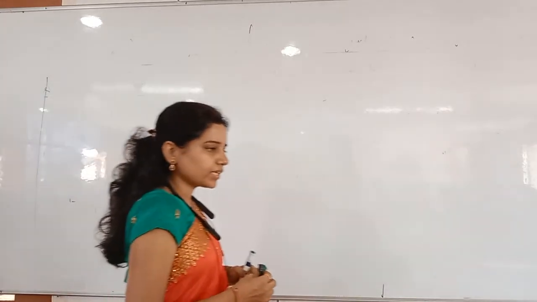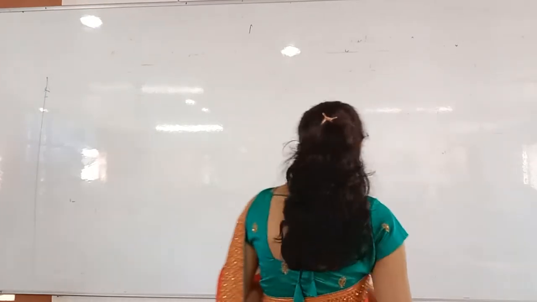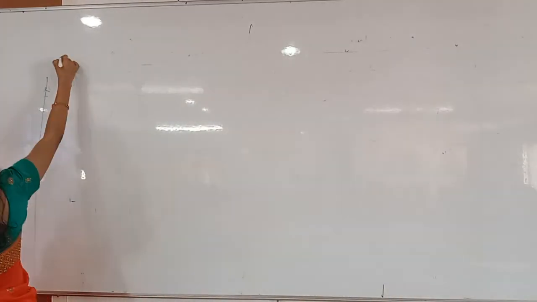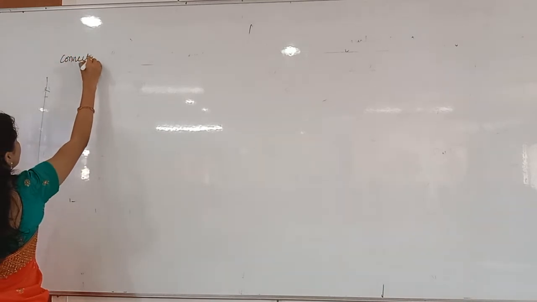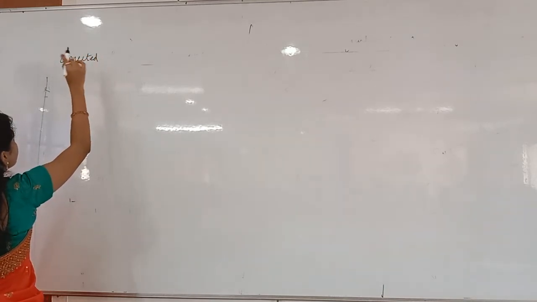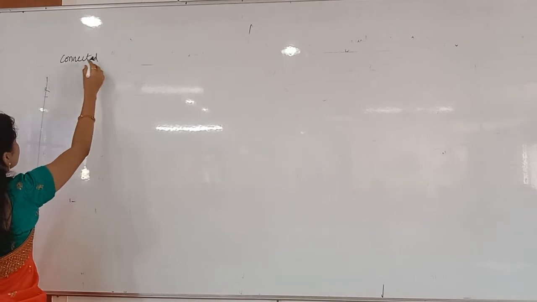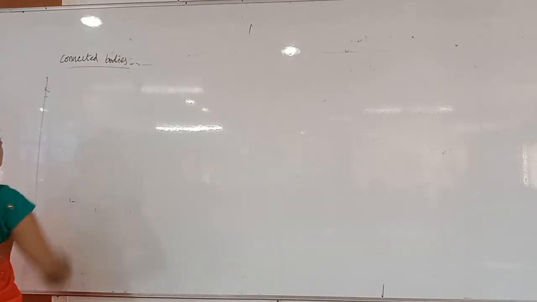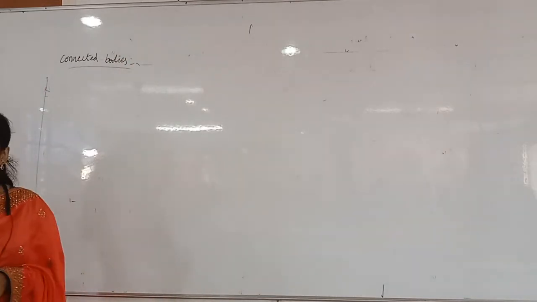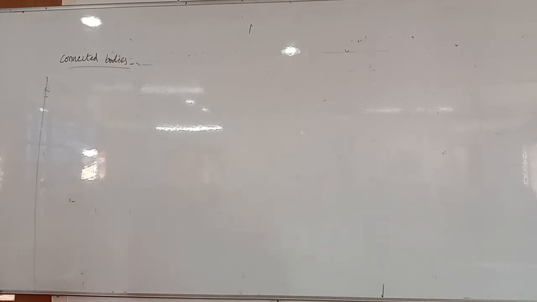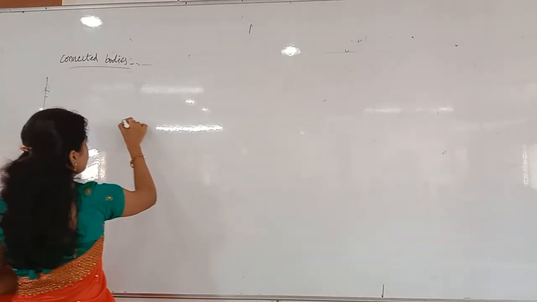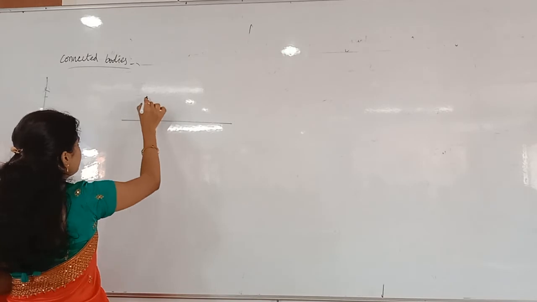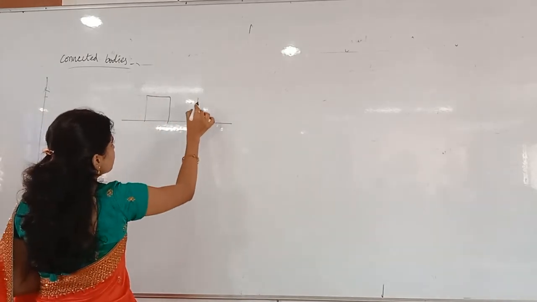While going in the downward direction, it will get decreased. And when the lift falls freely, then the apparent weight of the person is 0.